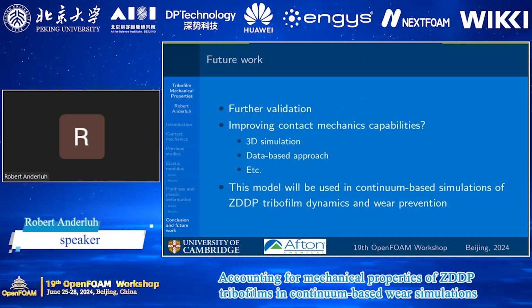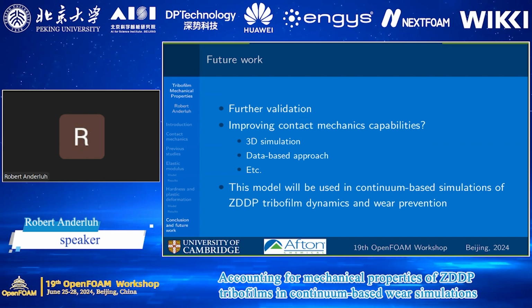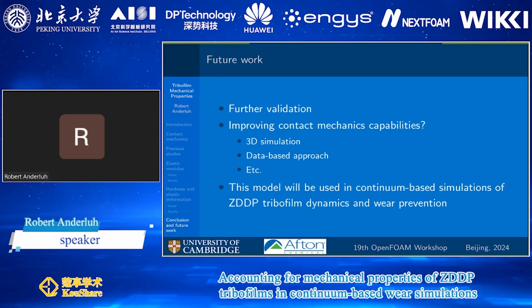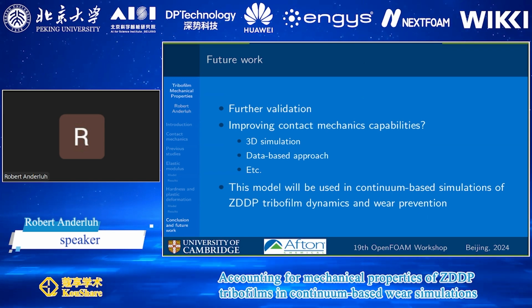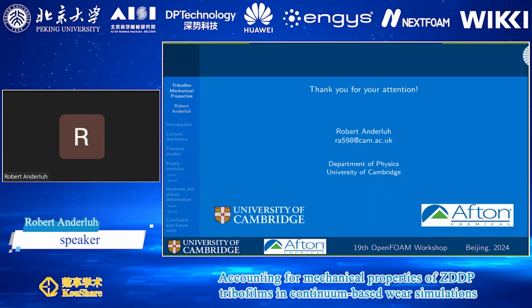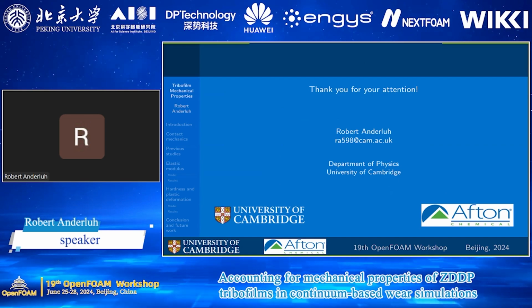Maybe in the future, 3D simulation will be feasible. Maybe a data-based approach ultimately would be good for the quantum mechanics model, and so on. This model is being used right now in continuum-based simulations of ZDDP tribofilm dynamics and wear prevention. Thank you for your attention, and please do ask if you have any questions.